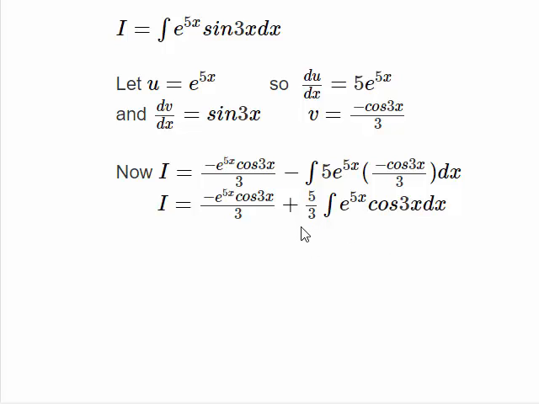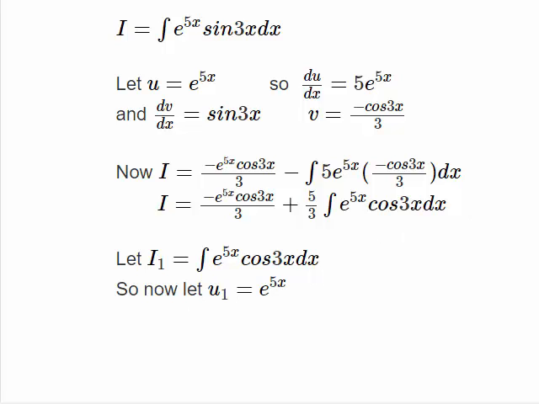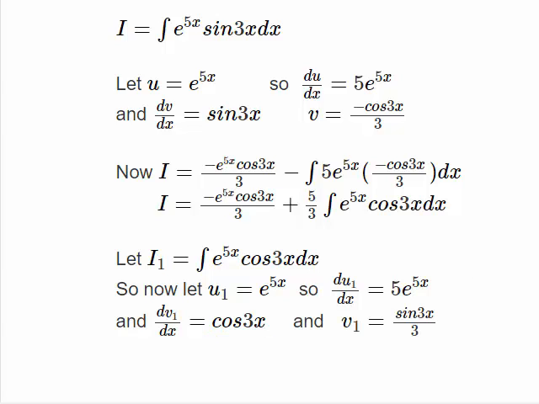Now we're going to call this integral I1. So we'll let u1 equal e to the 5x and dv1 dx equal cos 3x. So the differential of u1 is going to be du1 dx is equal to 5e to the 5x, and the integral of cos 3x is going to be sine 3x over 3.